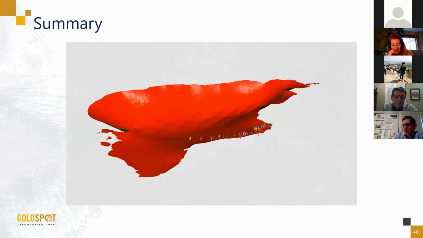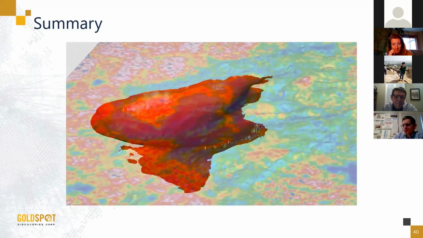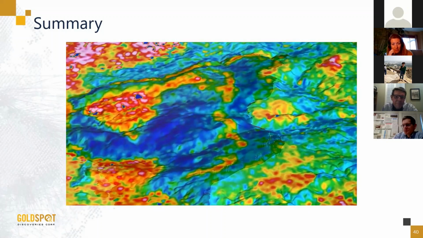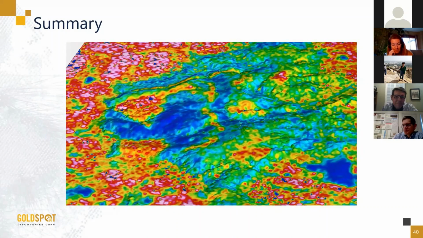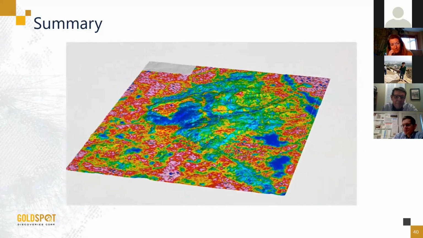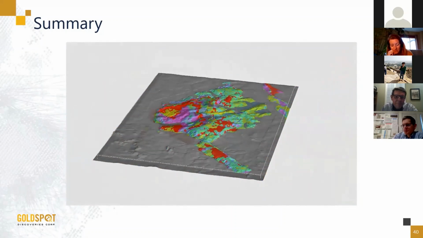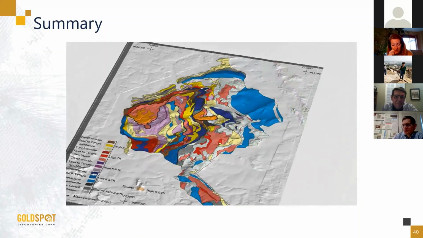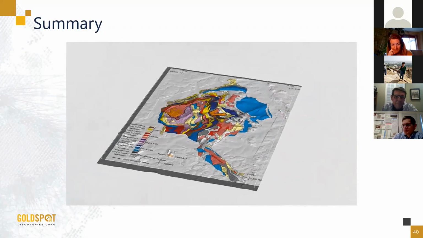Then we back out, and we'll look at the radiometrics again over top of our geological model. And then we look at the clustered radiometrics here, and this is what we used in conjunction with the drilling data to make our geological map, which is helpful for exploration.